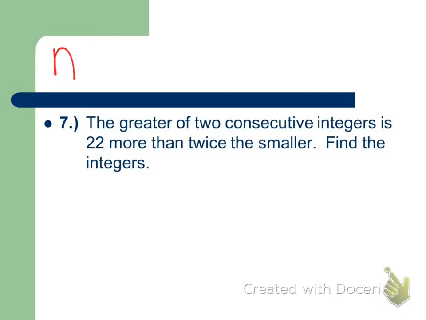Okay, so integer. Now on this one it might be best if we specify the fact that n is going to be our smaller integer. The smaller integer is going to be n. Now we also need to revisit consecutive integers.